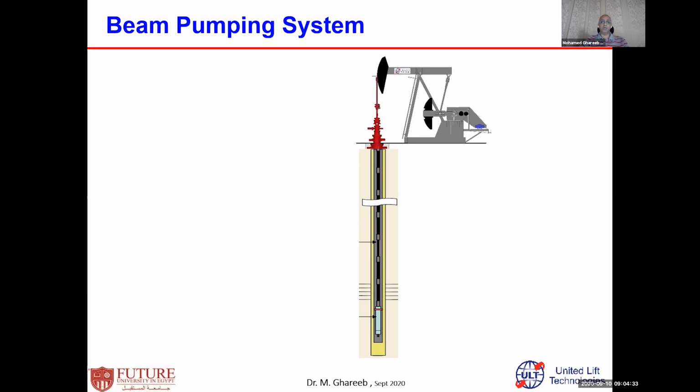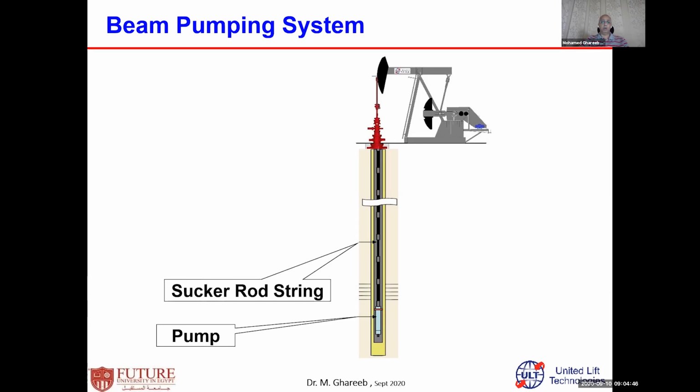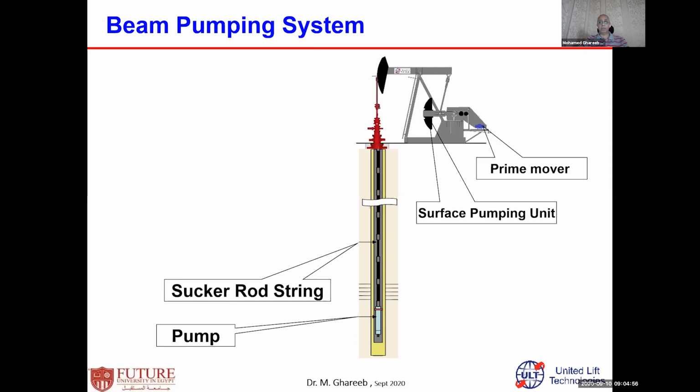And we said there are 4 main components for the reciprocating or beam pumping system: starting with the downhole pump, then the rod string, and after that, at the surface, we have another 2 main components: two main components downhole, and 2 main components at the surface, plus the prime mover.